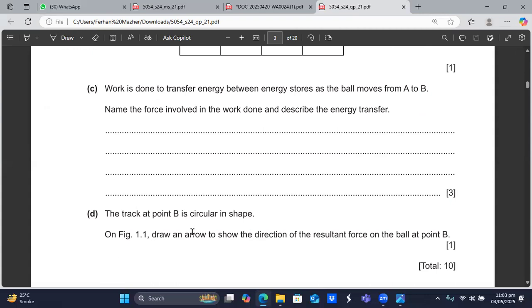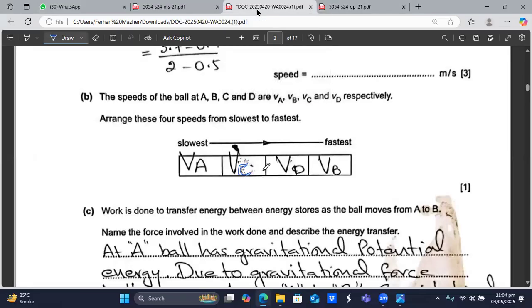So when you are going from A to B, basically your gravitational potential energy will be converting into the kinetic energy, and because there might be some friction between the track and that ball, some of the energy will be converted into thermal energy, but basically the gravitational potential energy will convert into the kinetic energy. So at B, all the potential energy would have converted into kinetic energy.